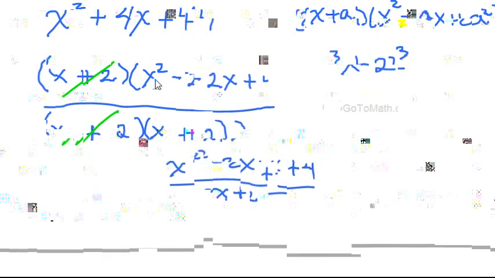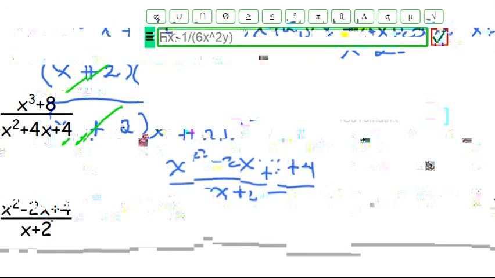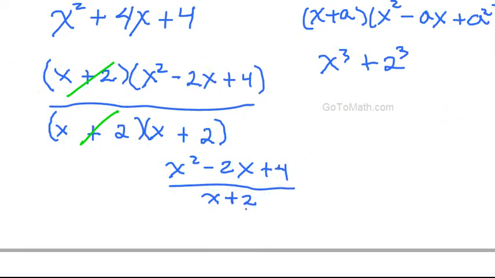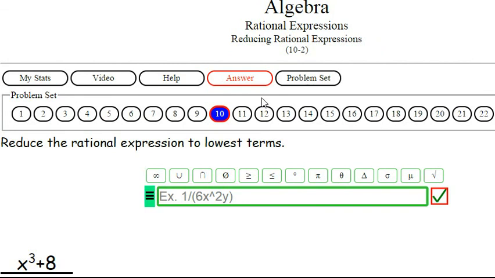Okay. And I almost hit the wrong button there. x squared minus 2x plus 4 over x plus 2. Okay. Looks good. It all looks good.